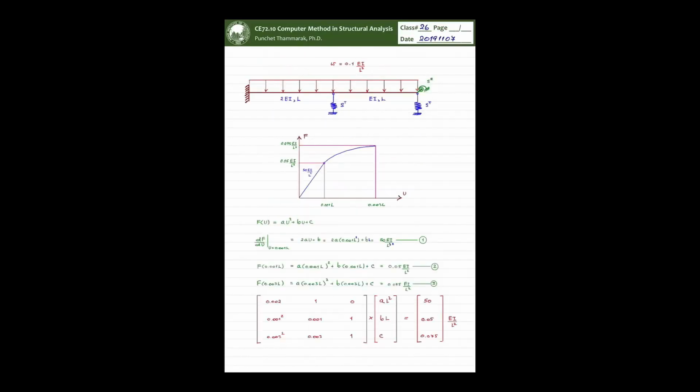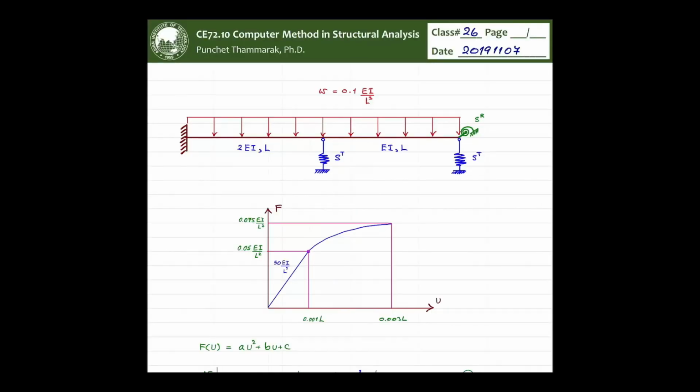And you know, if the stiffness of the spring is really large, it mobilizes the moment very quickly. Let's see how much moment at the right hand side we expect.